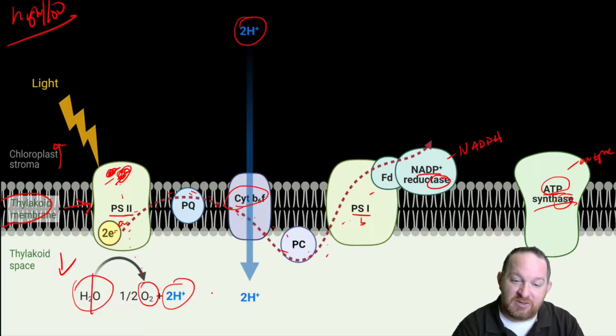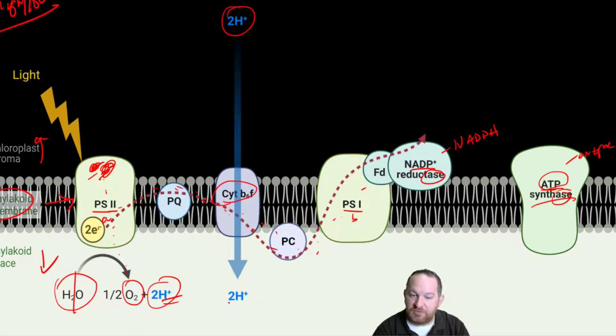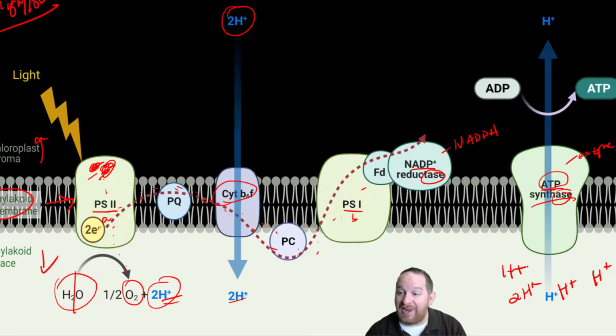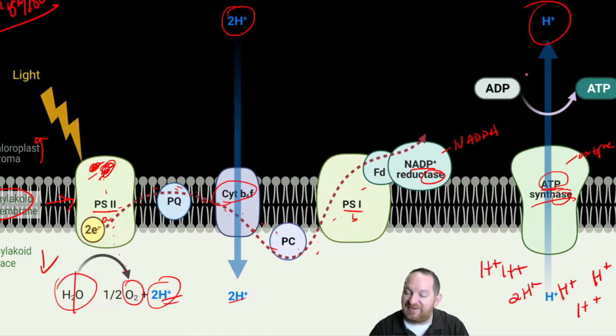And the hydrogen atoms are going to start to build up, right? Sometimes we call H+ just a proton. So all these hydrogens are going to build up inside. When that happens, we establish a gradient. Now there's a high concentration of hydrogen inside. When that happens, you know what's going to happen next. When we get a high concentration on one side of a membrane, they want to move across to go where there's less of them.